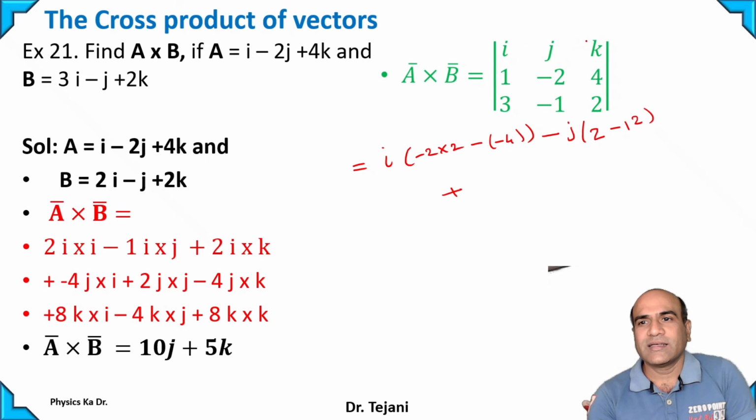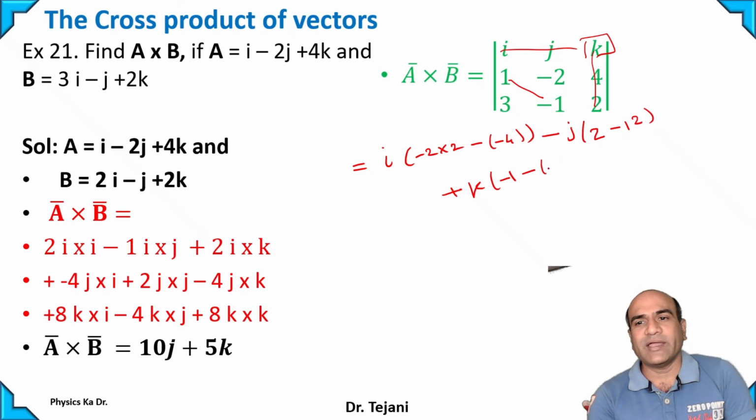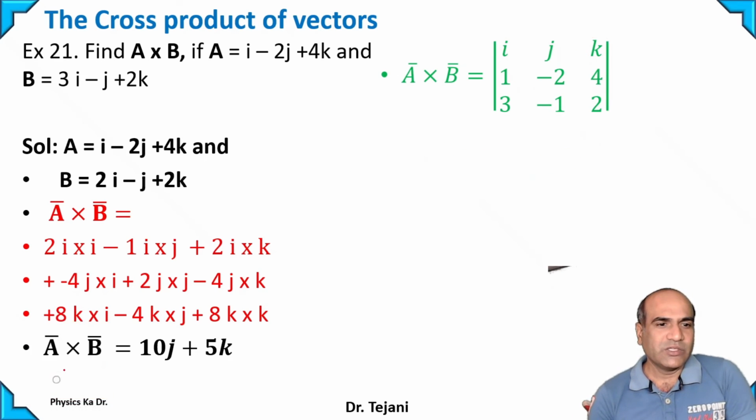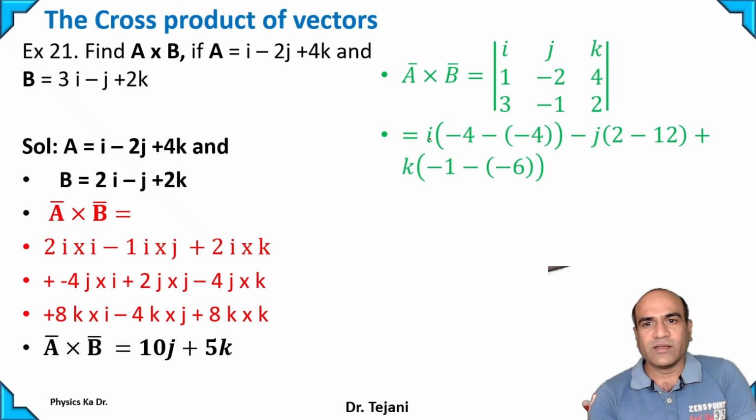Plus we have here k. So k in bracket, hide this, 2 cross 1 minus 1. So it becomes minus 1, minus in bracket 3 multiplied by minus 2 becomes minus 6. Simplify this, you will have your solution.